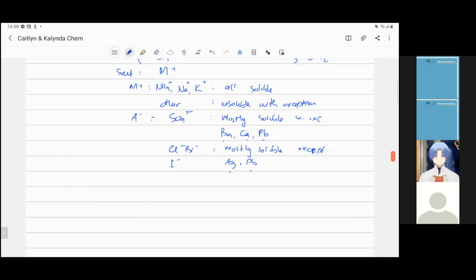On the other hand, if we have carbonate here, they are mostly insoluble. Of course, they are going to be defeated by the jokers, these three here: ammonium, sodium, and potassium. These three, you can never make them insoluble. They are jokers.